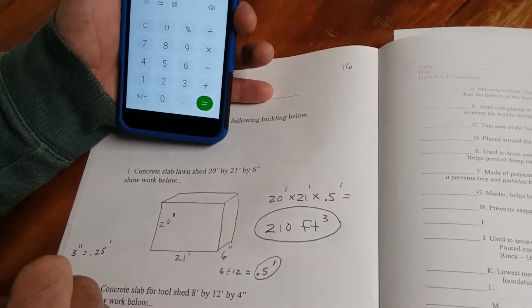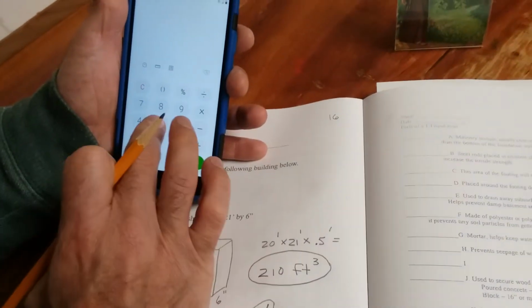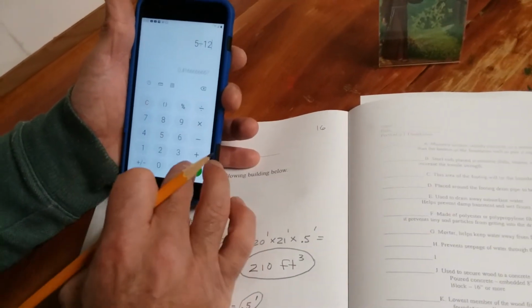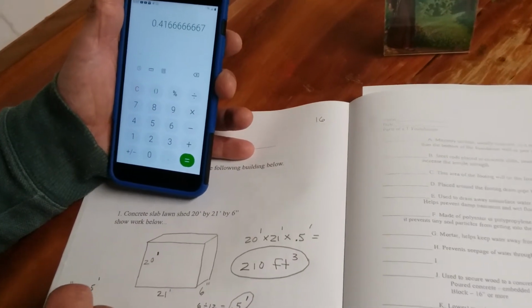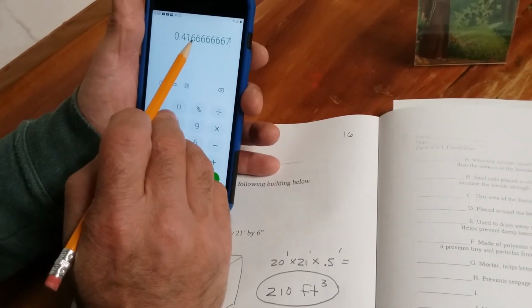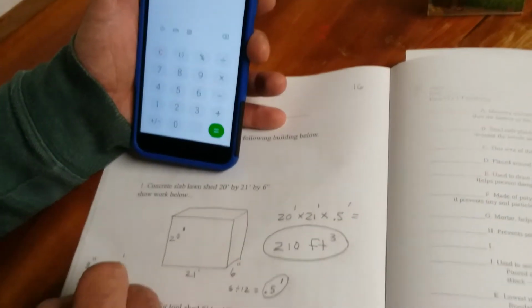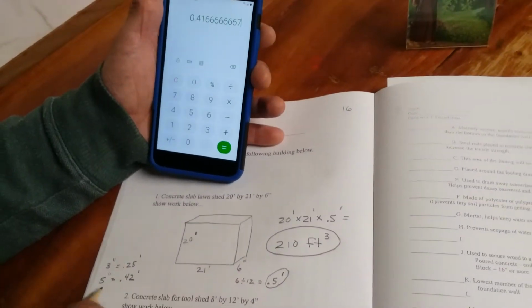Let's say 5 inches. 5 divided by 12 equals 0.4, and then if you look here, that's a 6, so I'm going to say 0.42. I usually go 2 places. That would equal 0.42 feet.